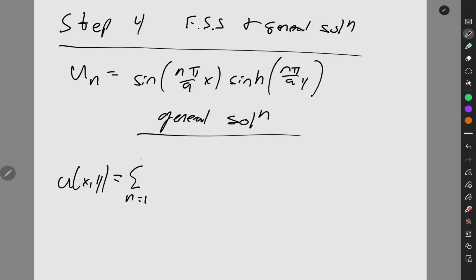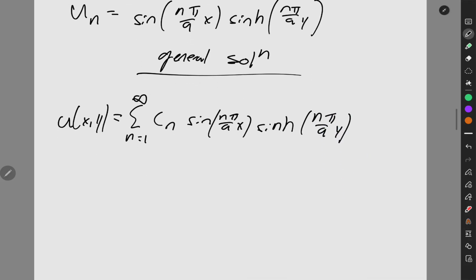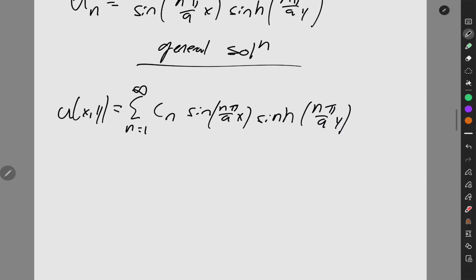Sum n equals 1 to infinity, Cn sine n pi over a times x times sinh n pi over a times y. And you can see, based off of this one, we have a Fourier sine series, so that means it is odd.